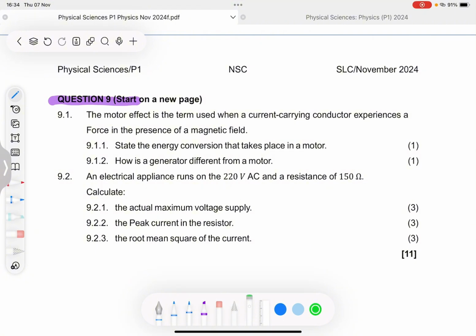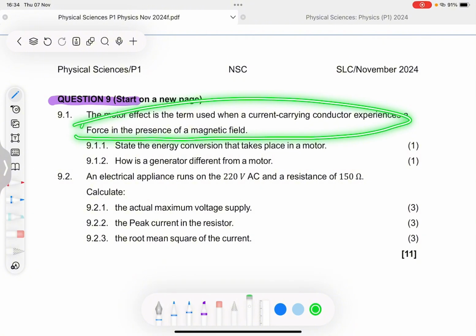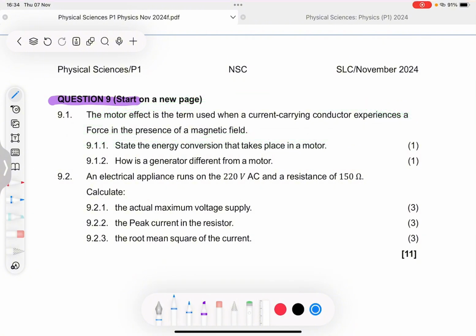That have the south and the north pole, and as a result, this magnet will then exert a magnetic force, because there's a magnetic field causing that wire or the coil to turn. That's basically what happens in a motor. Now, what I've done here is just interpreting the problem, looking at the understanding of a motor.